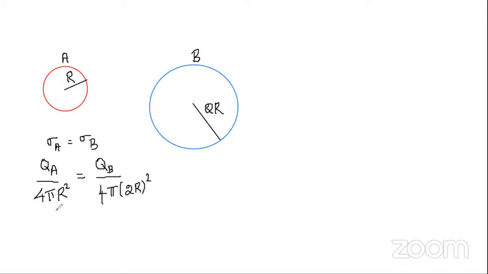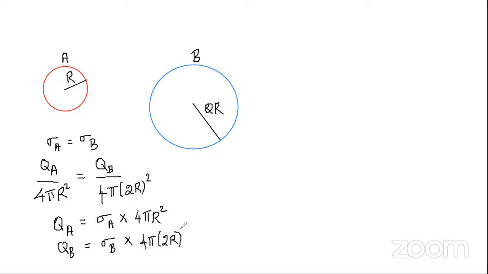So from this equation we can find out QA and QB. QA is equal to sigma A into 4 pi r square, and QB equal to sigma B into 4 pi into 2r the whole square.